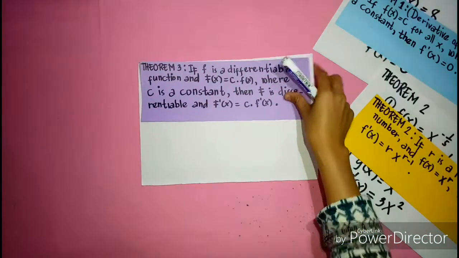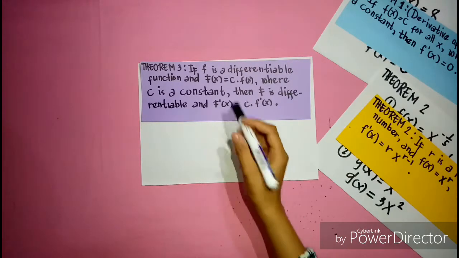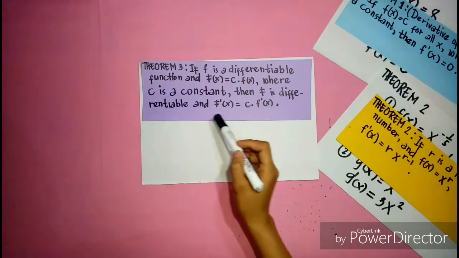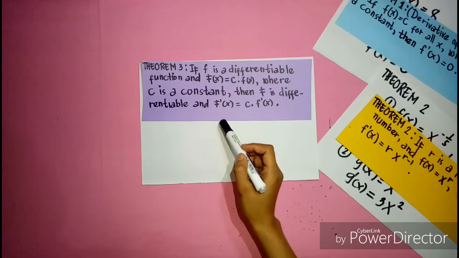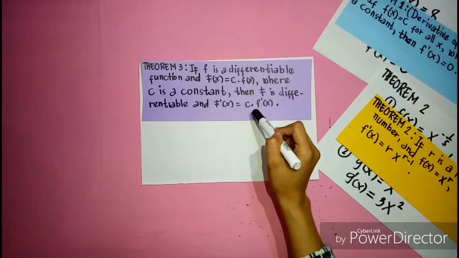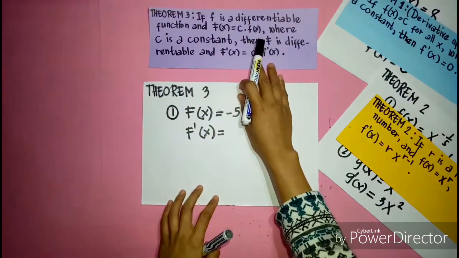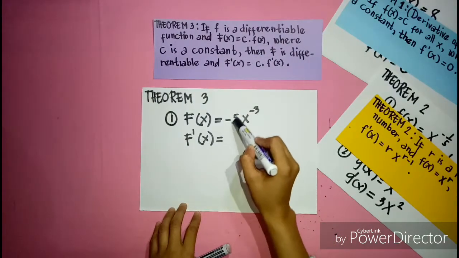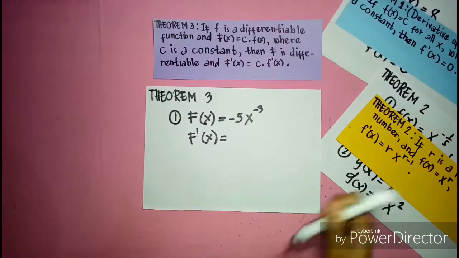Okay, so theorem number 3. If f is a differentiable function and g of x is equal to c times f of x, where c is a constant, then g is differentiable and g prime of x is equal to c times f prime of x. Applying this theorem, f of x is equal to negative 5x raised to the power of negative 3.